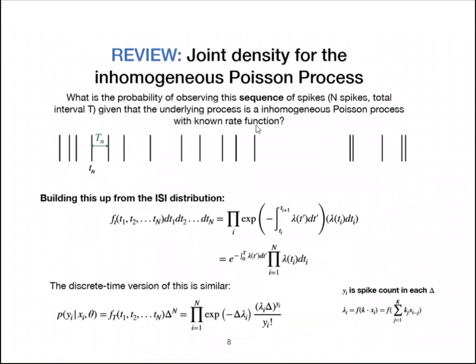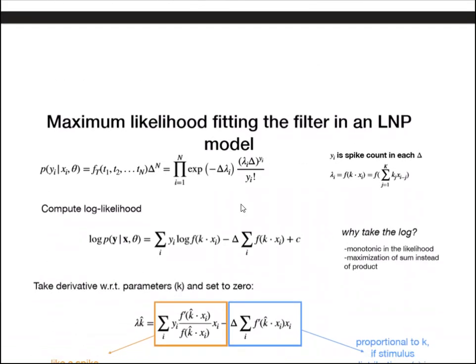Joint density: the probability of observing the sequence of spikes given an inhomogeneous Poisson process with known rate function. Honestly, I don't really understand this.